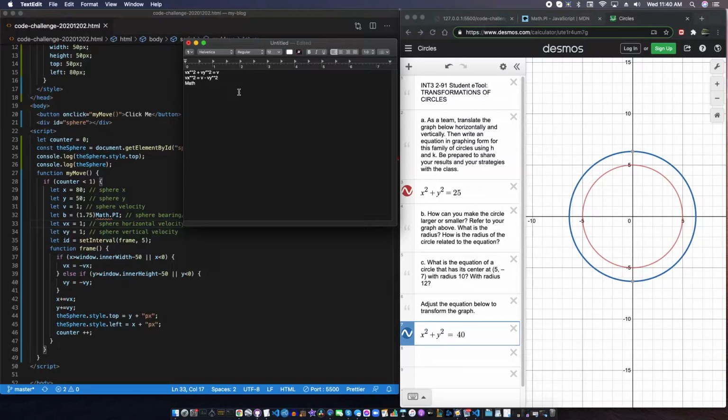Hang on. I wish there was a way to make this plain text by default, but I don't know. I'll zoom in a bit. Quite small we are. Math.sqrt.